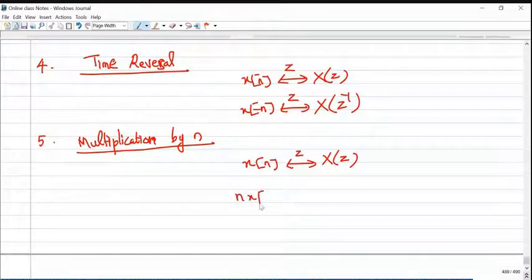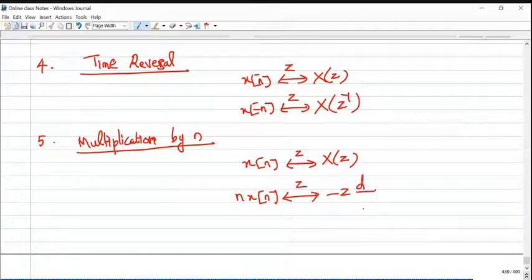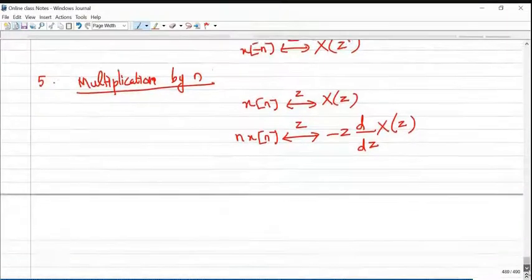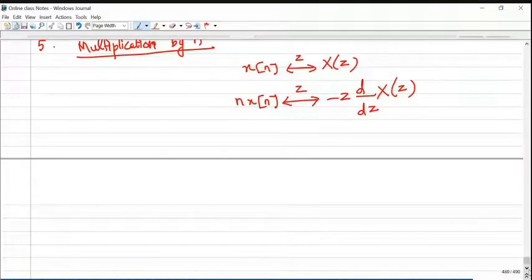Then n into x of n has the result minus z d by dz of x of z. This is the differentiation in frequency domain property.